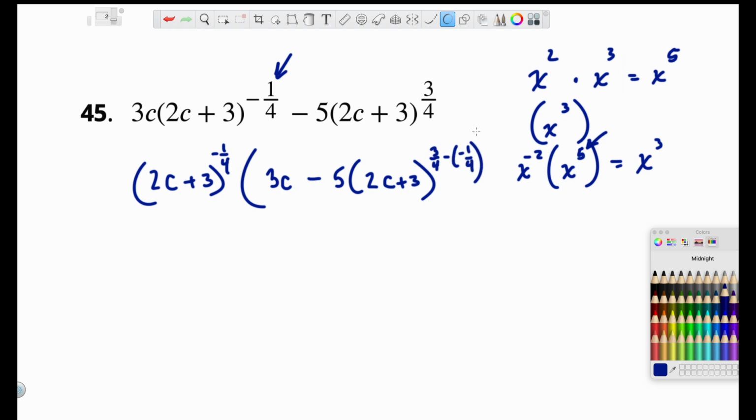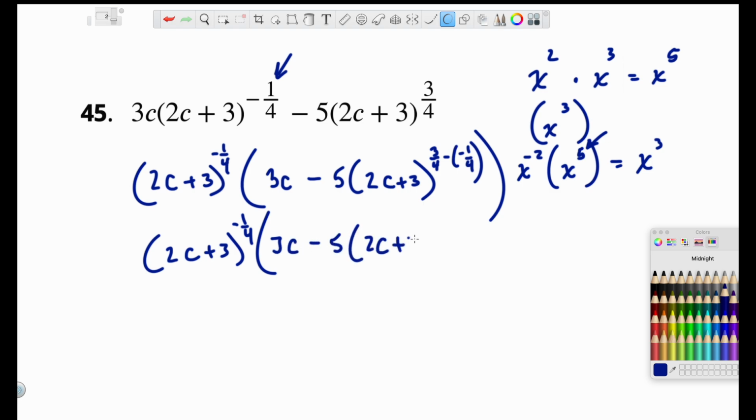That turns to a plus, right? So now I've got 2c plus 3 to the negative 1/4, got that 3c right here, minus 5 times 2c plus 3 to the 1st. Okay, 3/4 plus 1/4 is 1. I don't even need to write that exponent right there. Let me just get rid of it.